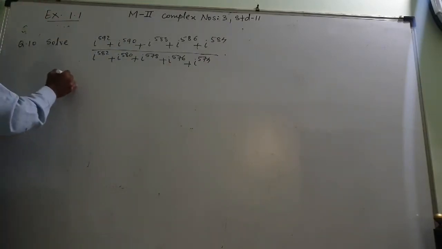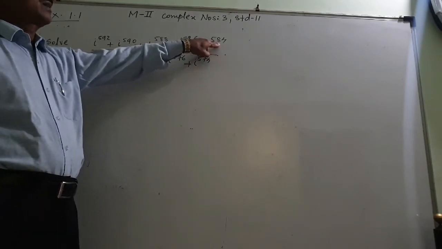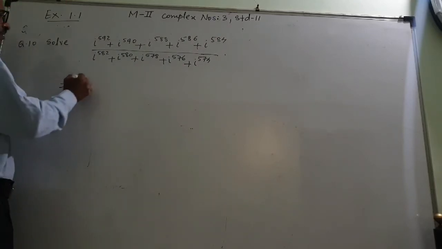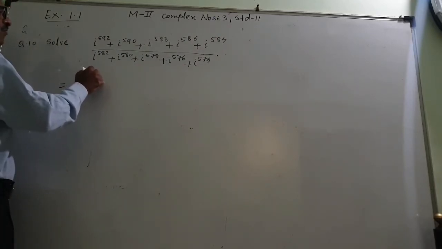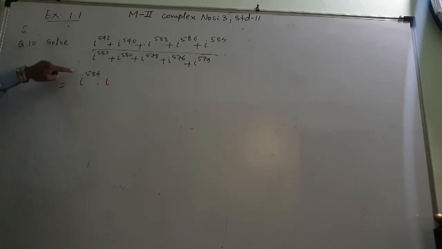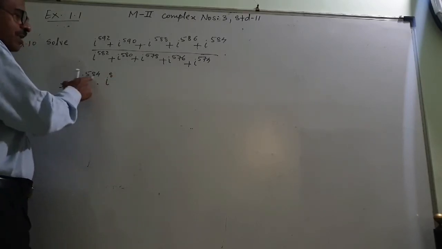So this is equal to, the lowest power is 584. In that term, I will split this. That is equal to i raised to 584 into i raised to how much? Division means subtraction of the indices. So this way i raised to 8.